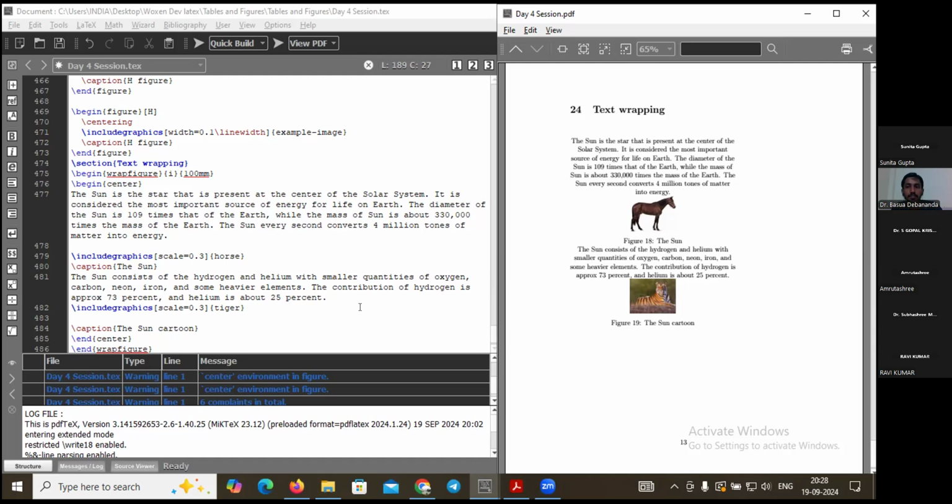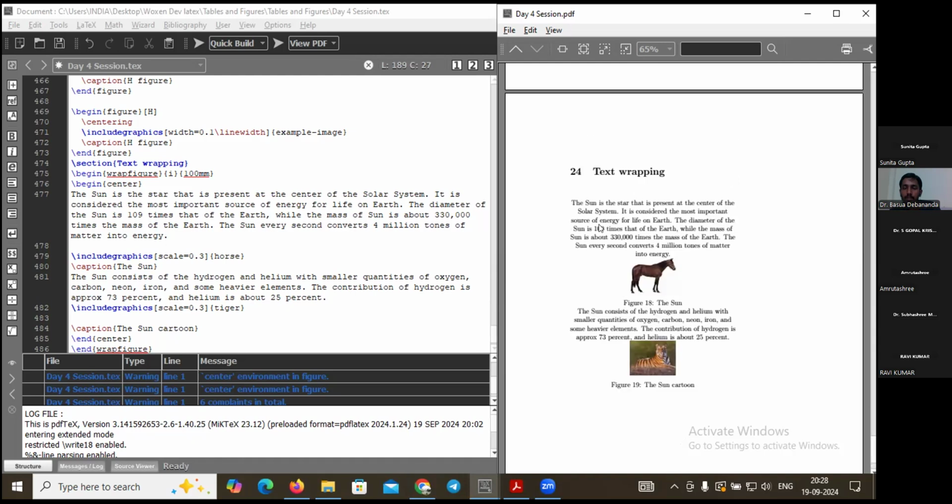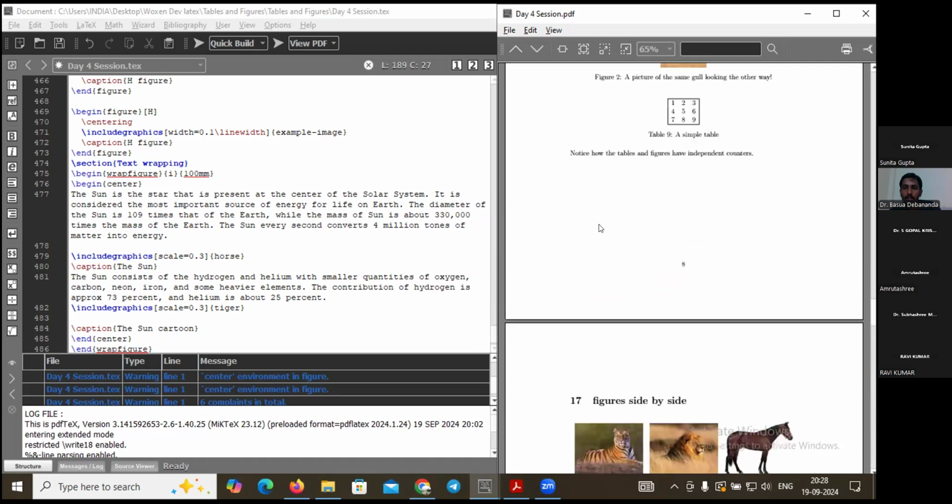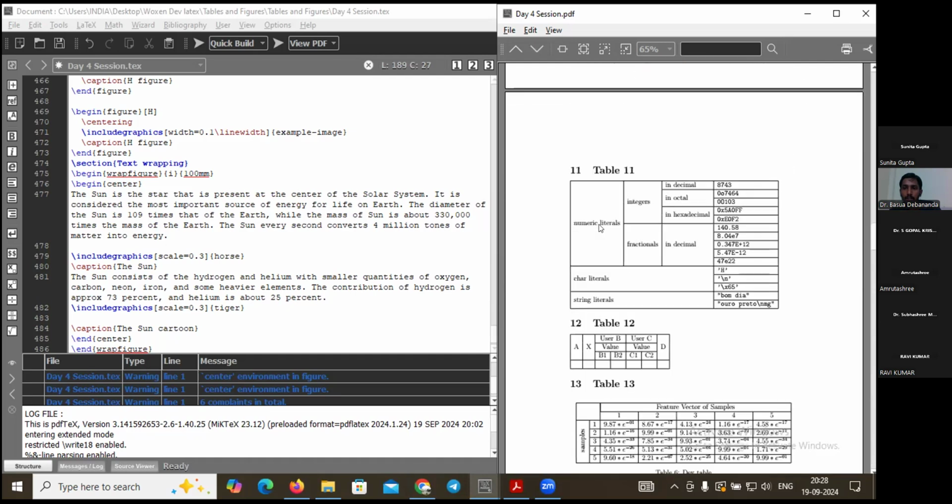Sir, we align the table in a vertical way, but sometimes our table has many columns. It does not fit vertically; we have to show it horizontally on one page. Then what is the command? The command is the same.